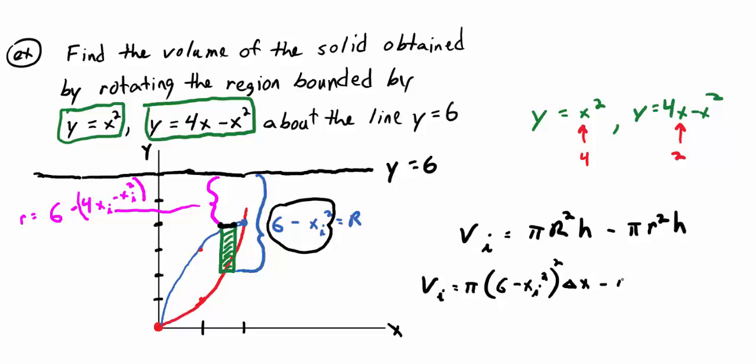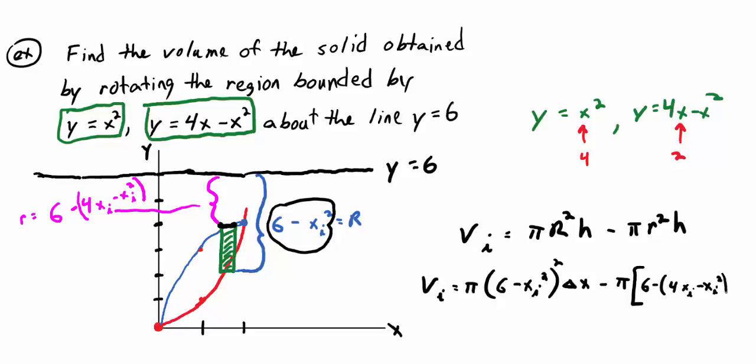Minus pi times, this one's a little longer, this whole thing quantity squared. So 6 minus, let me use brackets here just to distinguish between the parentheses and the brackets, the quantity 4x sub i minus x sub i squared.